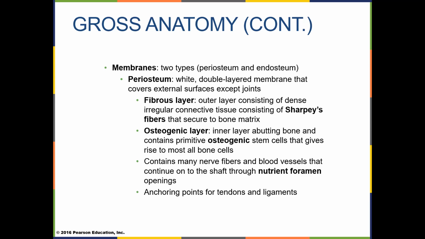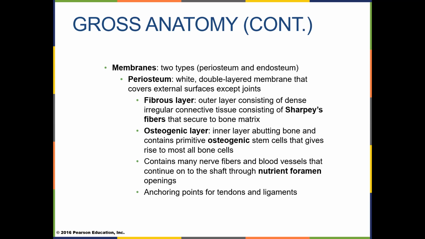The osteogenic stem cells will give us all of the other bone cells we need, including more osteogenic stem cells. So that's what stem cells do. Stem cells give rise to all the other cells we need. For example, in blood cells, we have one blood stem cell that will give us all the white cells, the red cells, and the platelets.